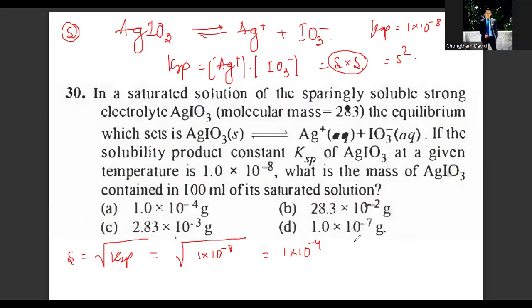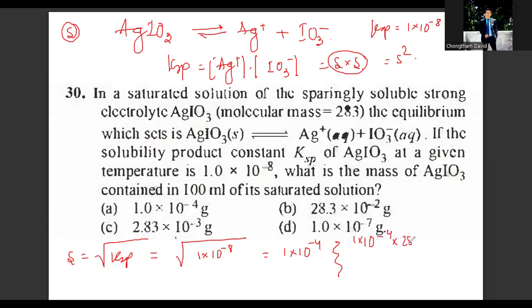So you have to again multiply with that so as to convert from mole per liter to grams per liter, because to convert from mole to gram per liter, you need to multiply with the molecular mass again.